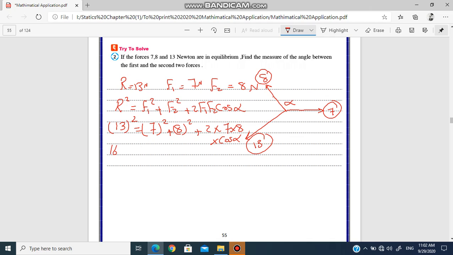That is 49 plus 64 plus 2 times 7 times 8, 7 times 8 is 56, times 2 equals 112. So cosine alpha equals 169 minus 49 plus 64, divided by 112.